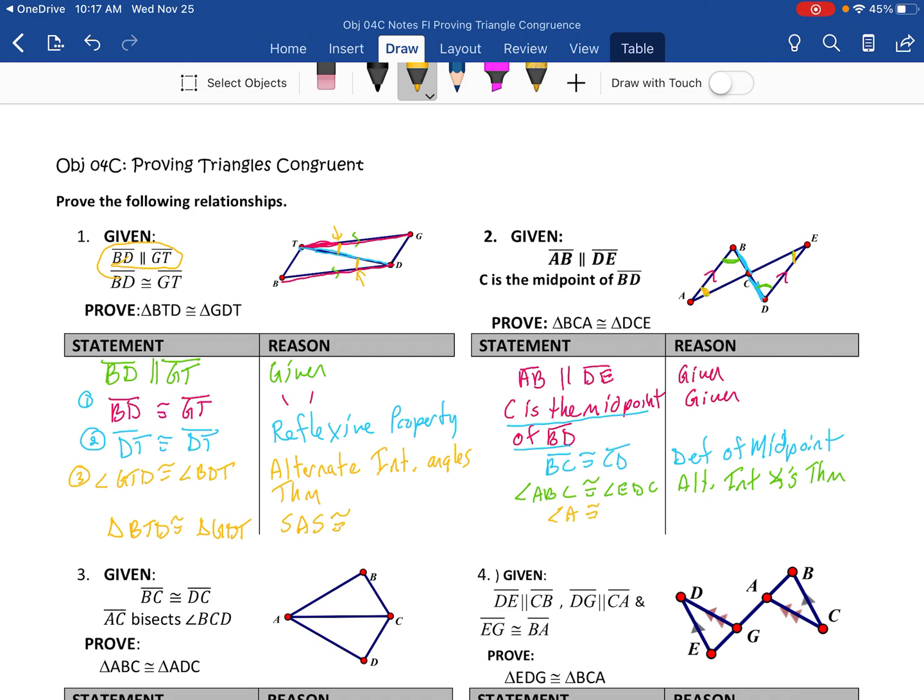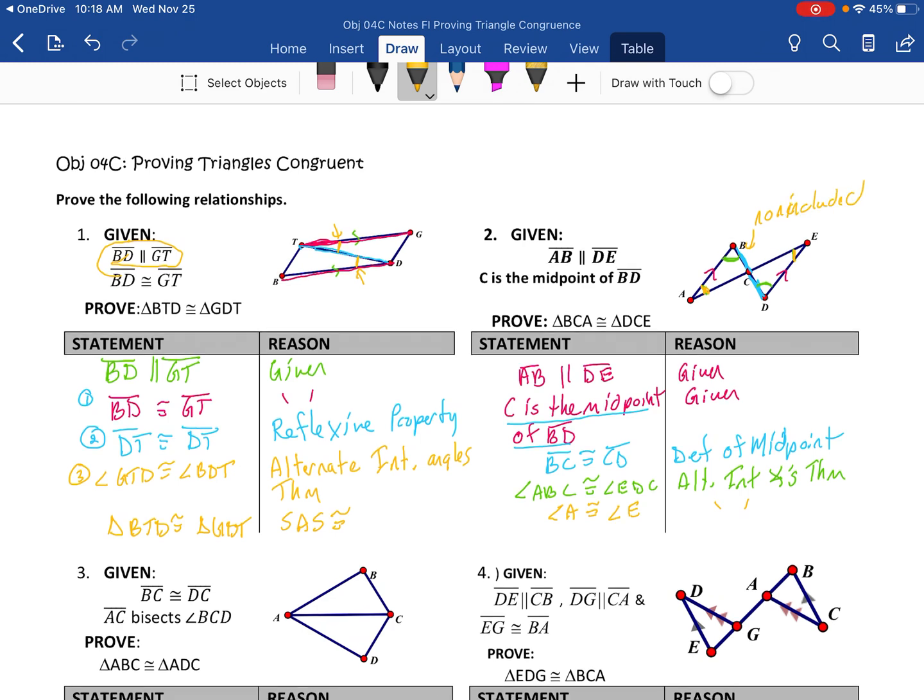Angle A must be congruent to angle E. So you could have named these with one letter too. Also the same reason, alternate interior angles theorem. Now I'm looking at this, I have two angles and a side. The side is non-included on each, so I know triangle BCA must be congruent to triangle DCE by angle angle side congruence. We can call it theorem, THM if you want, that's theorem.